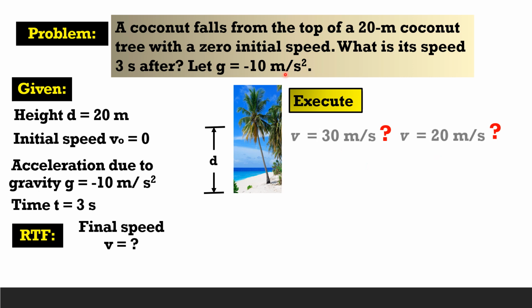we did not consider if indeed during the fall from a height of 20 meters, how sure are we that the time elapsed is indeed 3 seconds? Neither of these solutions using equations 1 and 2 considered the time elapsed. It is as if we just assumed that falling from a height of 20 meters would take 3 seconds.